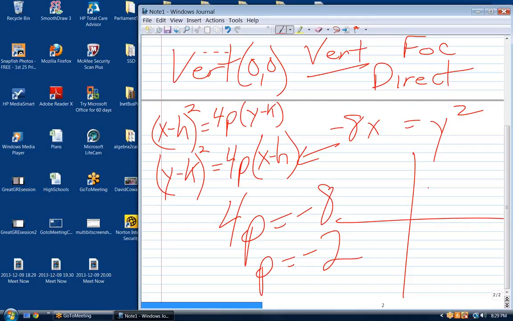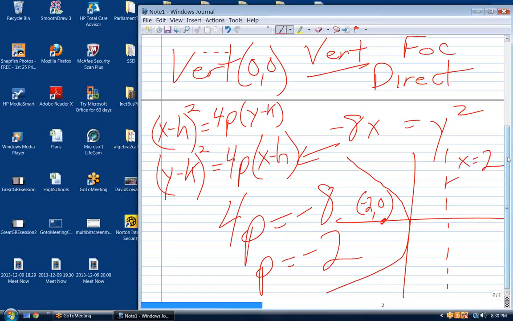To the left. Yeah, because of that negative sign. So it's like that, which means the focus is going to be somewhere there. The directrix is going to be somewhere there. What's the coordinates of the focus? Negative 2, 0. And what's the equation of the directrix? Y equals negative 2. X equals positive 2.